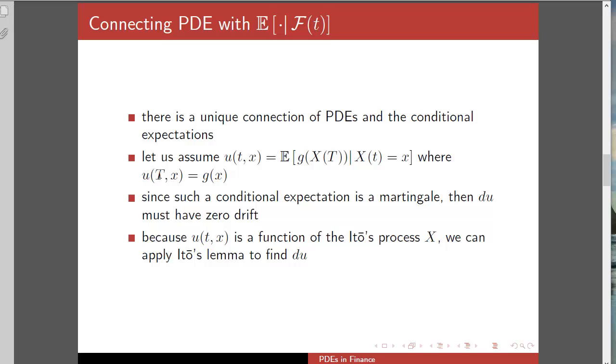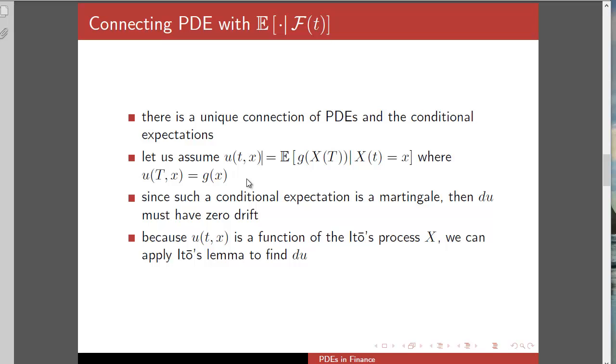So if you substitute this u here, you get that u as of now is equal to the expectation of u at some future time. So this means in such a case that u is a martingale.